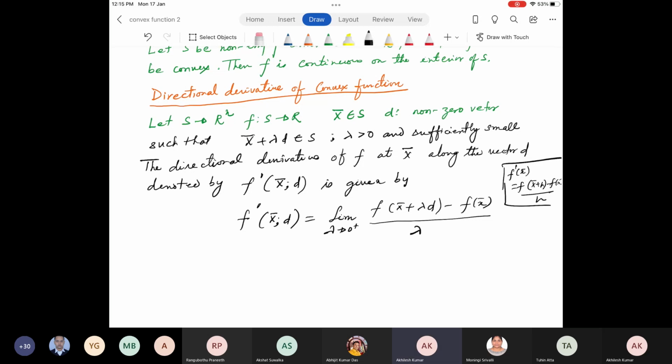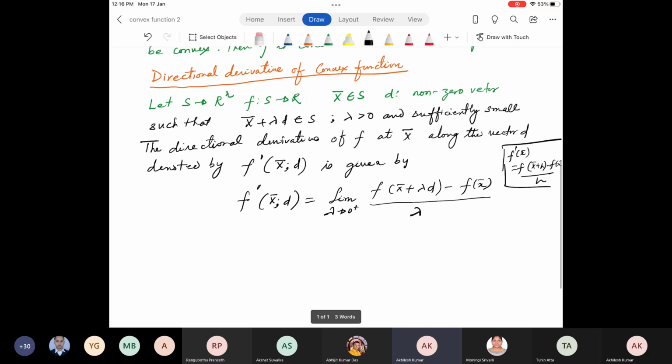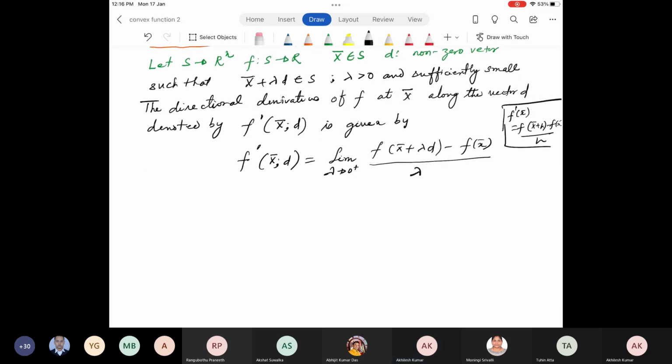So what it says is, if a function is convex, then this limit exists, or the directional derivative of f at x bar in the direction d exists. This is what it is trying to say in a very crude sense. If you want to look at it more precisely, suppose I draw a function like this. I want a directional derivative. This is my d vector. I want a directional derivative at x bar.